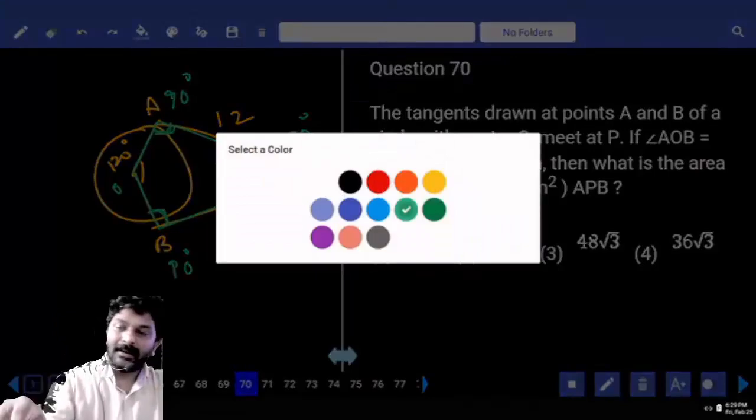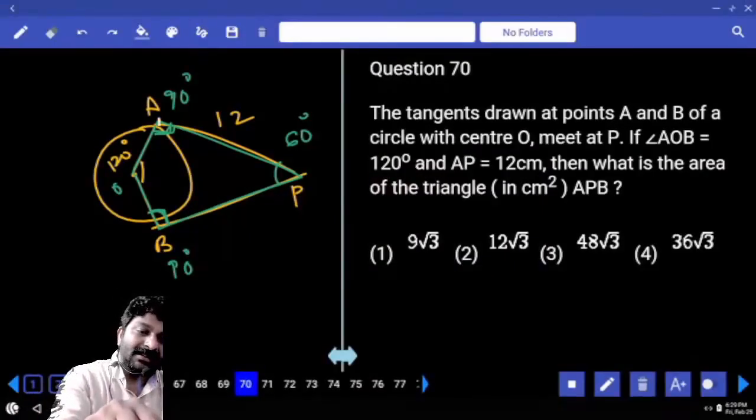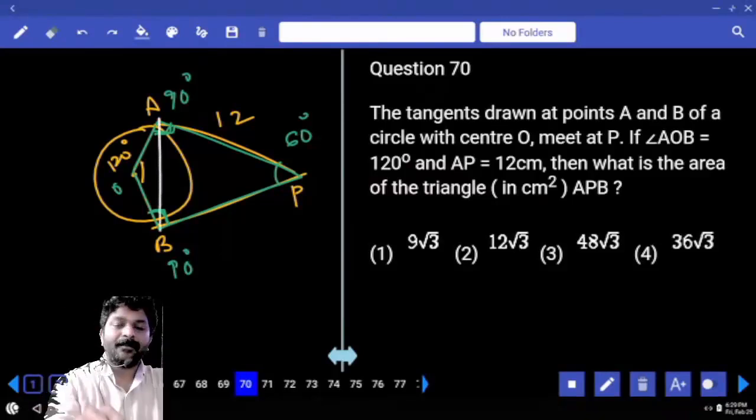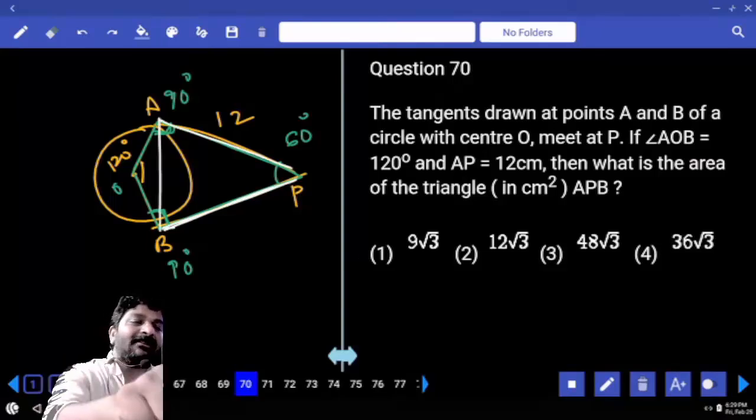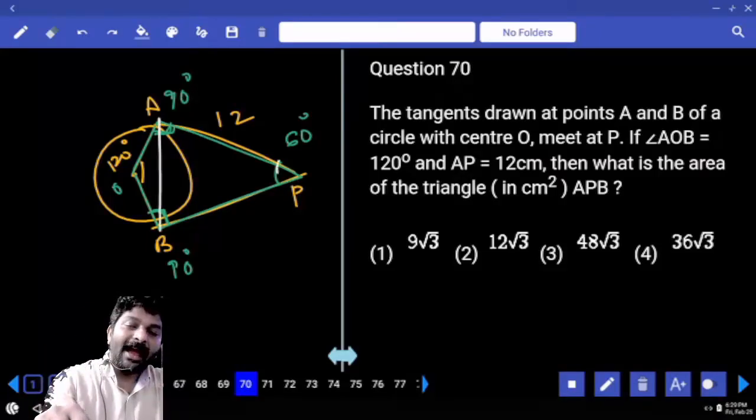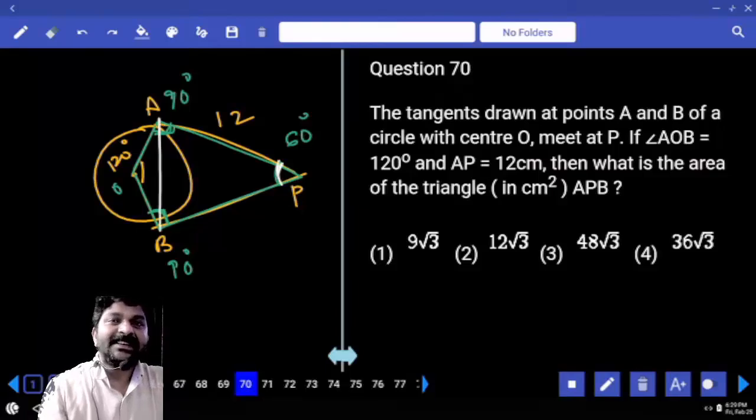Now we were asked to calculate the area of the triangle APB. You know that AP and BP are both equal. The angle at P is equal to 60 degrees.